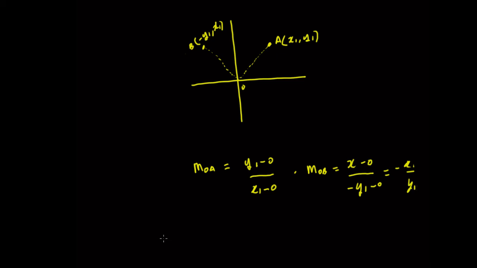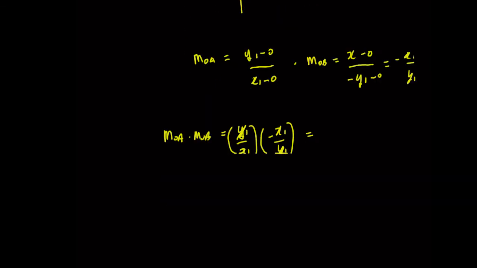So that means that the gradients, when you multiply them together, that's mOA times mOB, is going to equal y1 upon x1 times minus x1 upon y1, which is going to equal, well, that cancels with that one there, and this cancels with that, and you end up with minus x1 upon x1, which just equals minus 1.